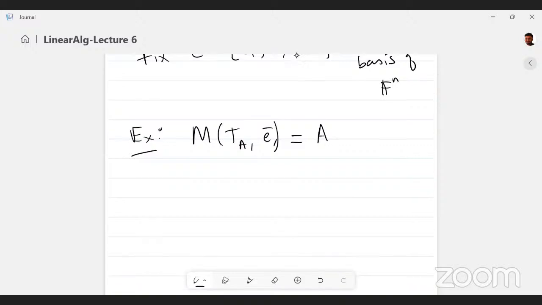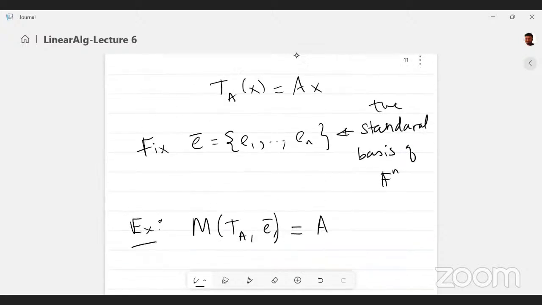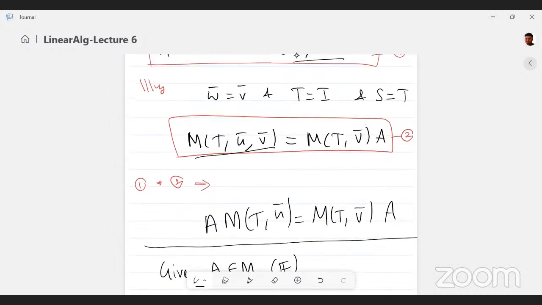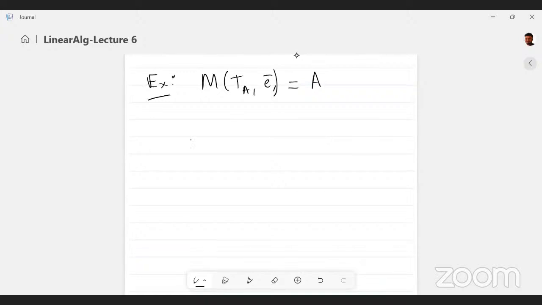Now if you change the basis, then there will be this transition matrix. The matrix of TA with respect to the new basis will be conjugate to this capital A. That is what we proved. You can ask the converse question.